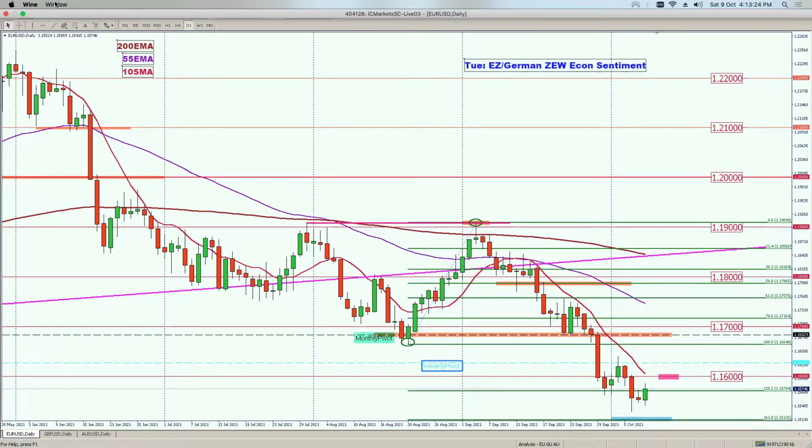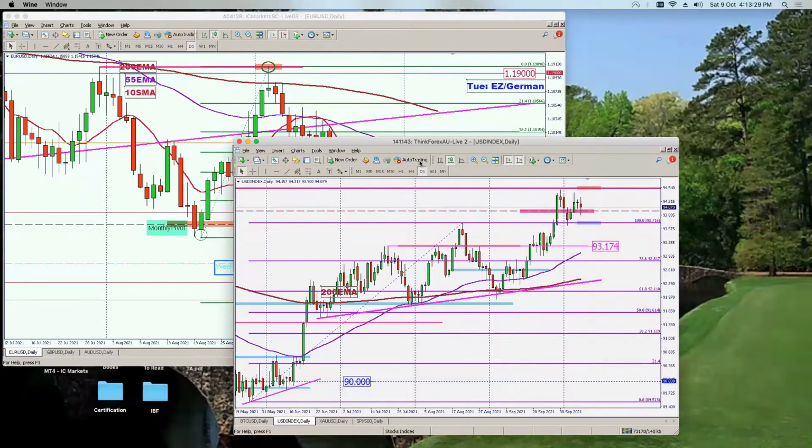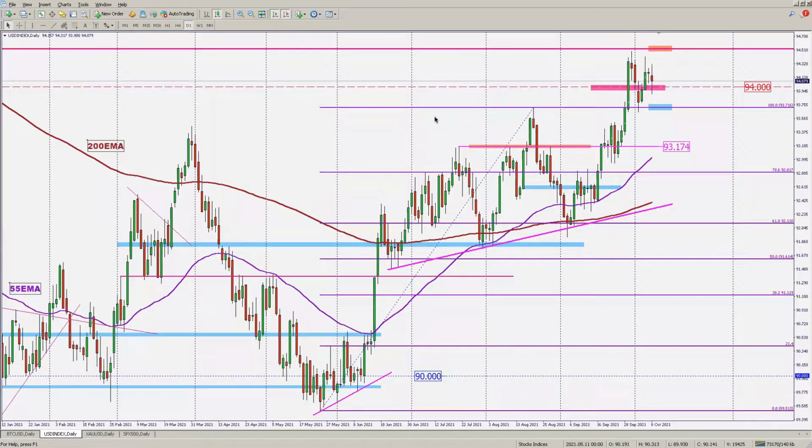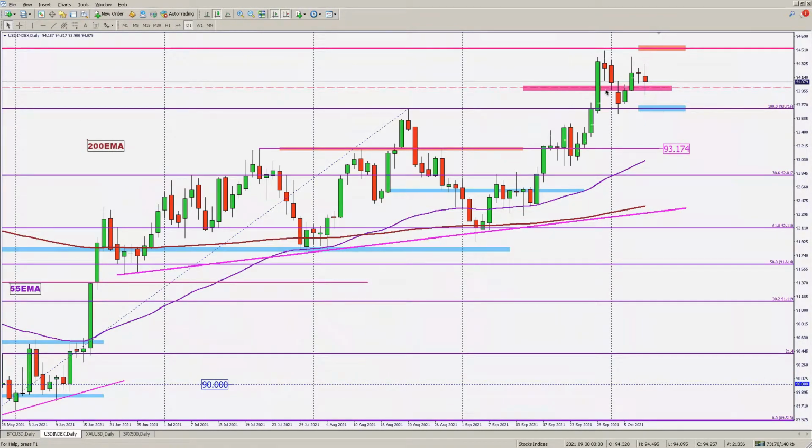Okay, let's also take a look at the US dollar index. Where it started off weak and gapped down at the start of the week, but managed to find support at the swing high at the 93.70 area, so at the critical support area, and managed to recover back up higher.